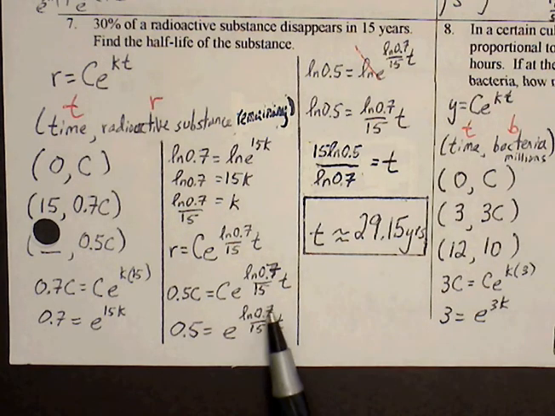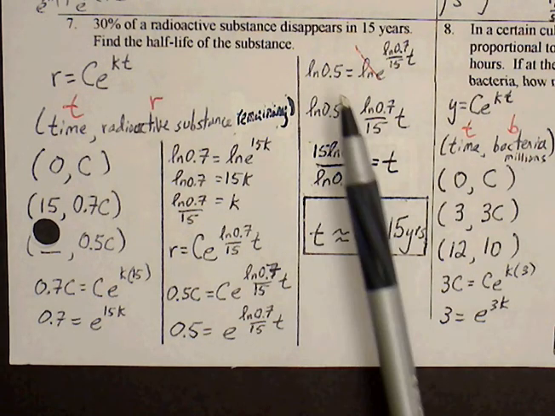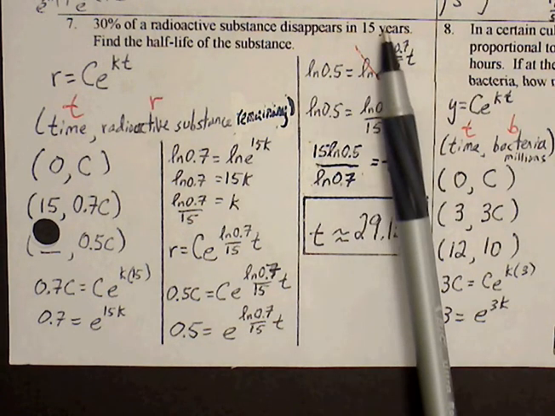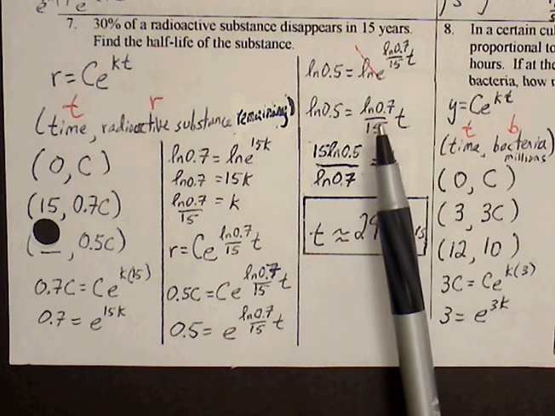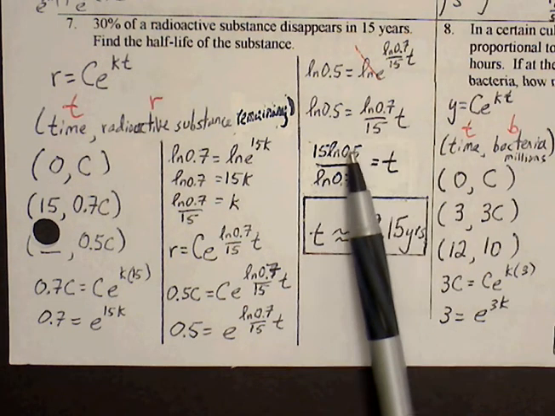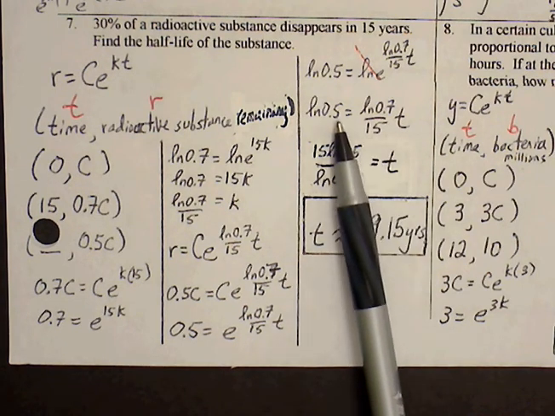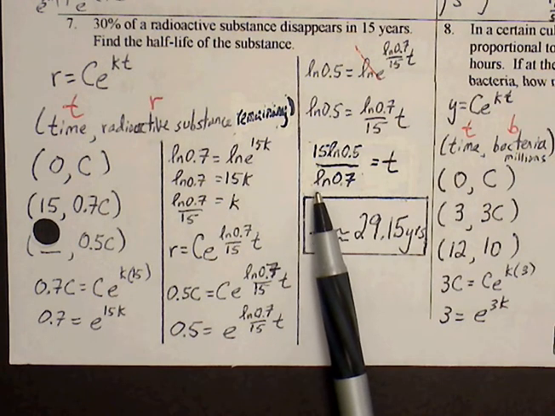We want to bring this exponent down in front, so let's again introduce natural logs into the problem. So we get ln of 0.5 is equal to ln of 0.7 over 15 times t. To solve for t, we can multiply by 15 on both sides, divide both sides by the natural log of 0.7.